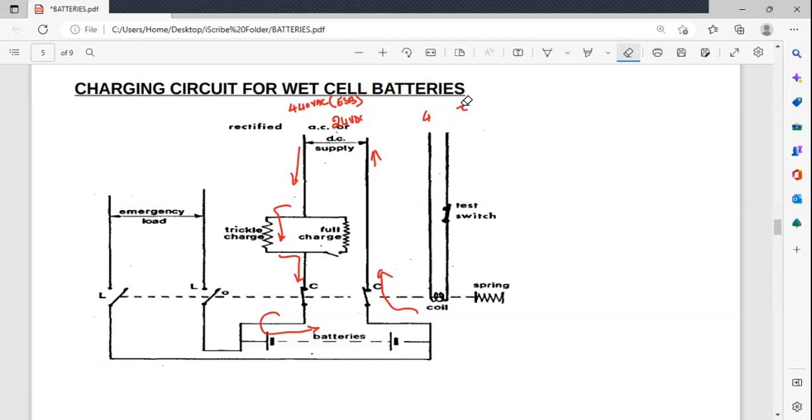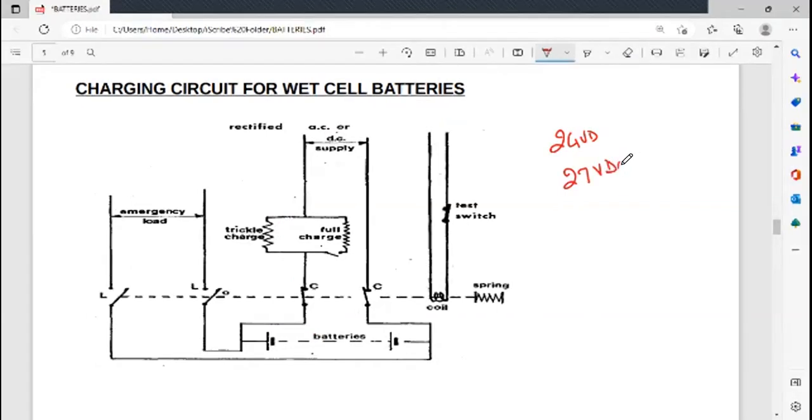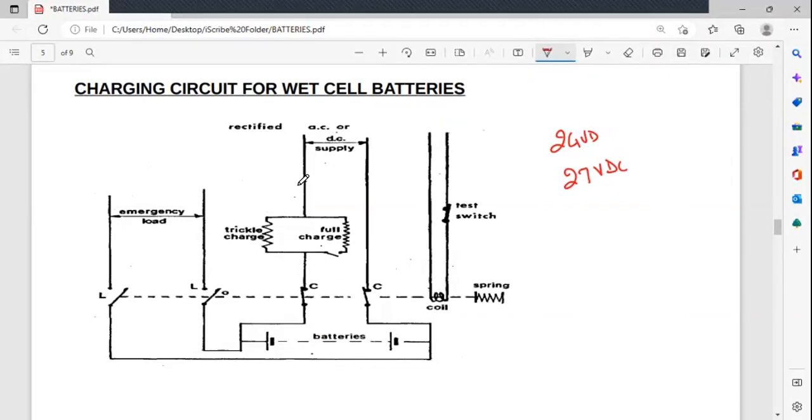Is the magnitude of current for float charge between trickle charge and full charge? Yes, that depends on how much your batteries have got discharged. Now remember, if your batteries are fully topped up, let's say it is fully 24 volts DC, or it has reached 27 volts DC, then you need very little current. So this trickle charge circuit is going to give the very minimal amount, in terms of milliamps.